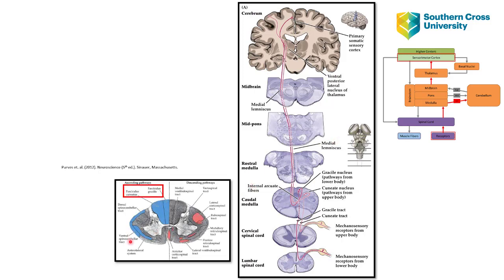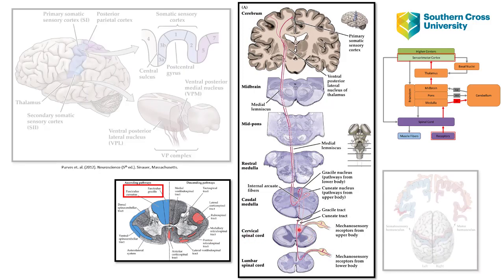Now, when we're looking at our cross-section of the spinal cord, this is what we're referring to, that fasciculus gracilis or fasciculus cuneatus, or cuneate tract, we can also call them. So that's in the spinal cord, where those pathways are traveling. And so that's what I'm referring to down here.